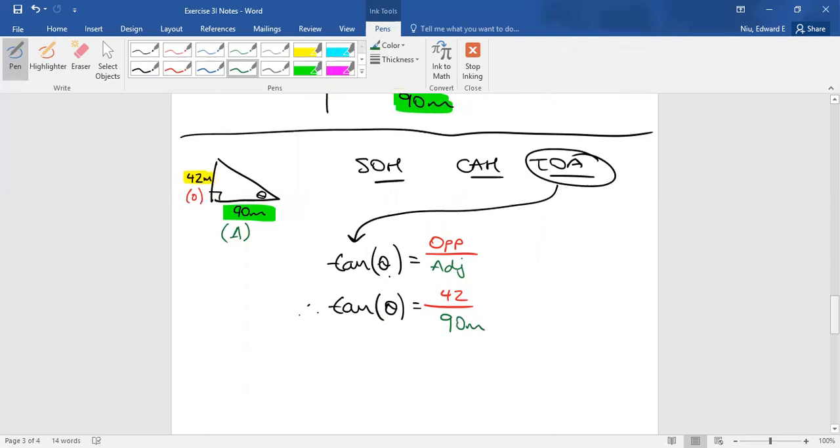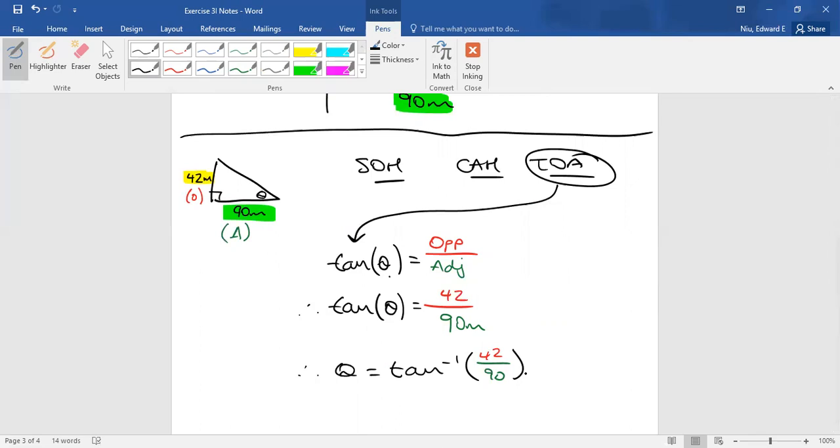Once we've got this down, to get tan to the other side and get theta by itself, we inverse it on our calculator and we just type in 42 divided by 90, or 42 on 90, depending on what sort of function your calculator can do. Then you have to shut the brackets and press enter to get your correct answer.